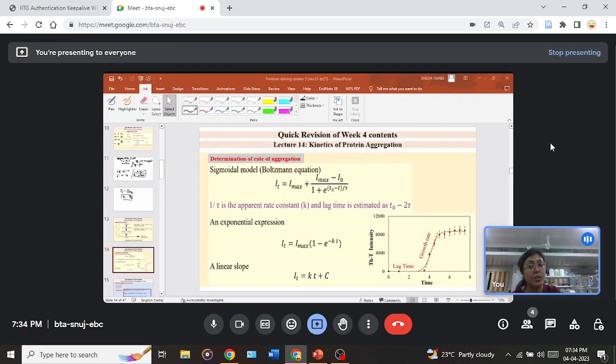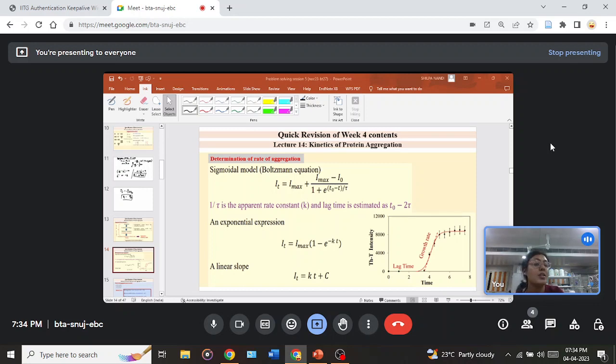So next, similar to the rate of aggregation in case of bulk, there is a determination of rate of aggregation in case of surface as well. This particular determination of rate of aggregation is based on the sigmoidal model of the Boltzmann equation, which is given as It is equal to I max plus (I max minus I naught) divided by 1 plus e to the power (t naught minus t) by tau.